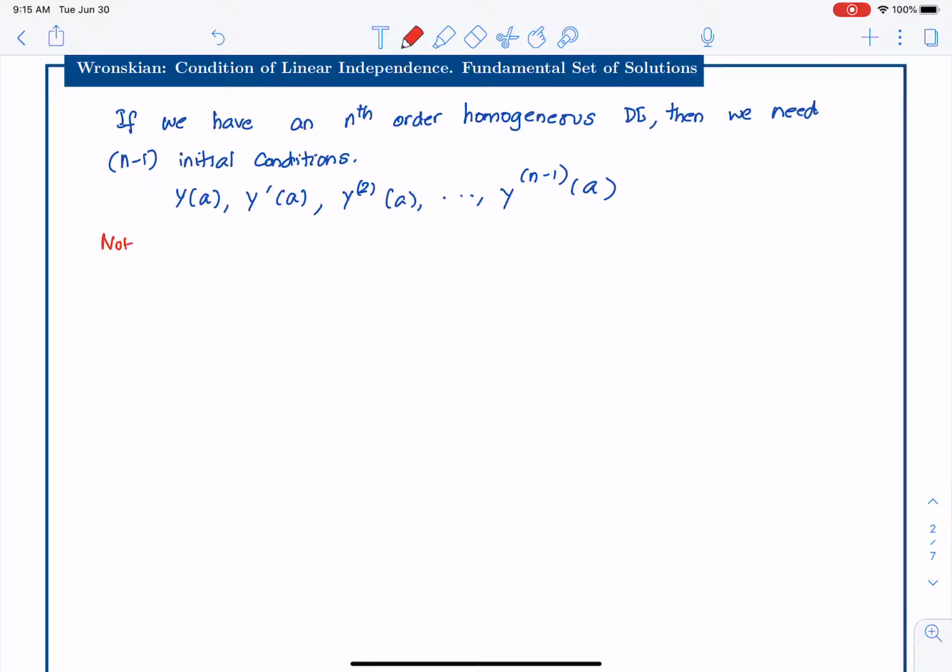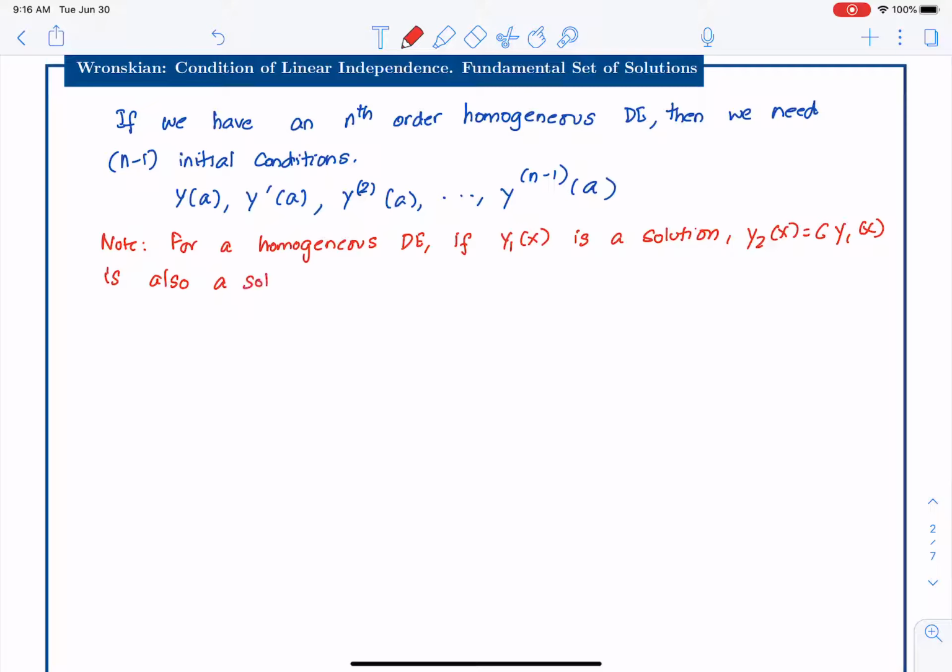Here is a note for a homogeneous DE. If y1 of x is a solution, y2 of x equals some constant multiplied by y1 of x is also a solution. In other words, a constant multiple of a solution is a solution.